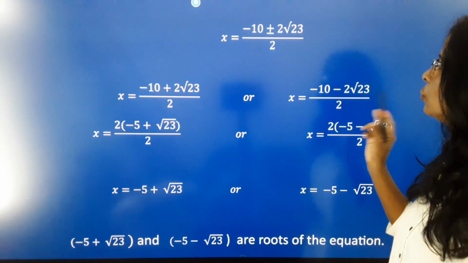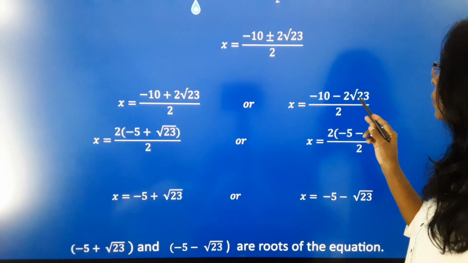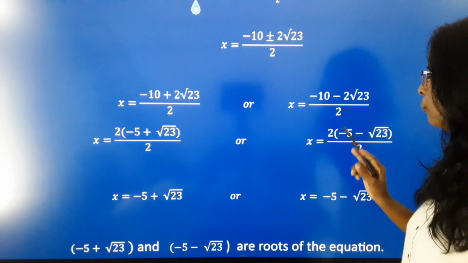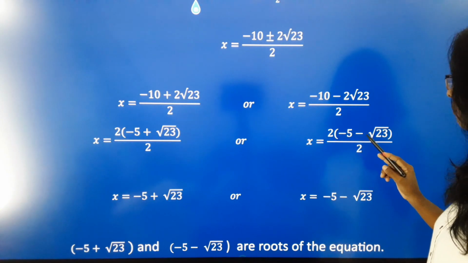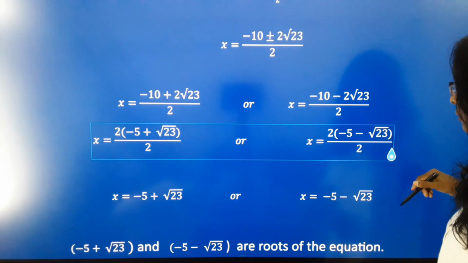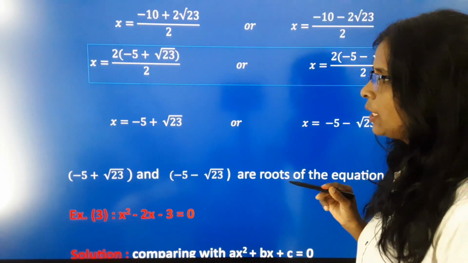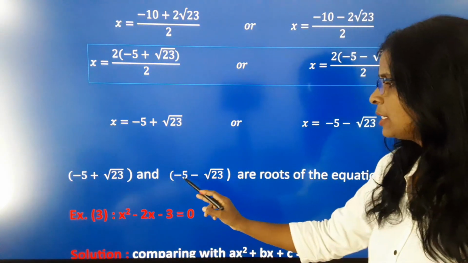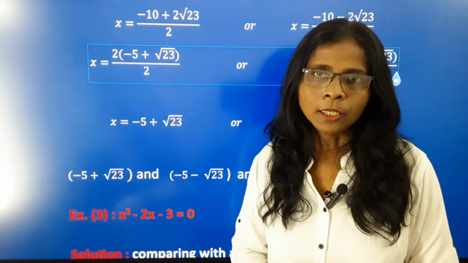Now the next value: x is equal to minus 10 minus 2 square root 23 over 2. Common out 2 from the numerator, in the bracket minus 5 minus square root 23, over 2. That means x is equal to minus 5 minus square root 23. So we say that minus 5 plus square root 23 and minus 5 minus square root 23 are the roots of the given quadratic equation.